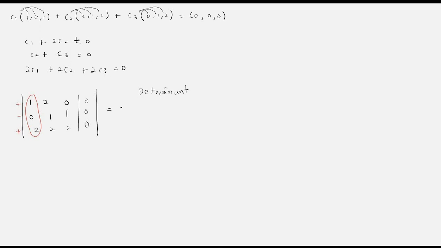Okay, plus 1, so 1 multiply by, okay, eliminate the first row, 1, 1, 2, 2. And then minus 0 plus 2. Okay, we don't have to multiply the 0 by any matrix because it will still equal to 0. Okay, plus 2. Eliminate the last row, so we take 2, 0, 1, 1.